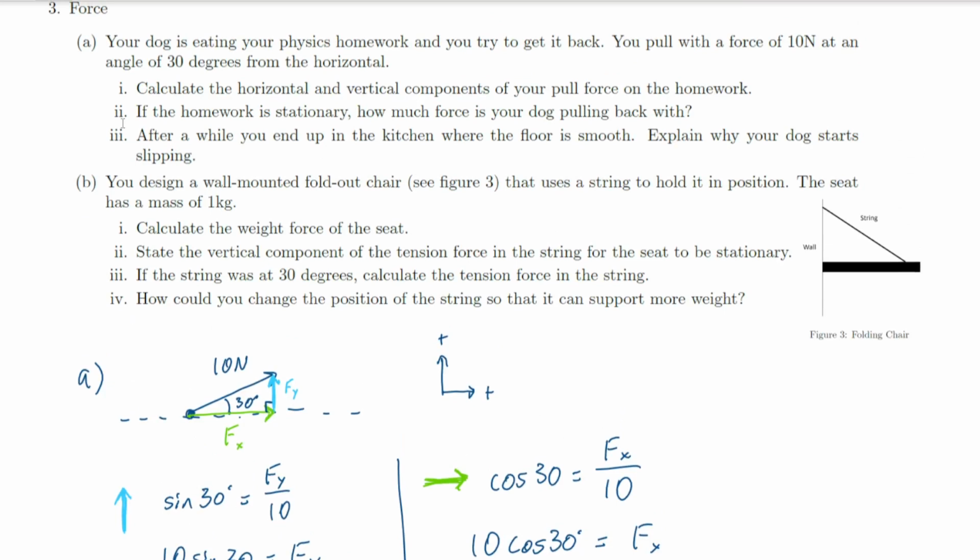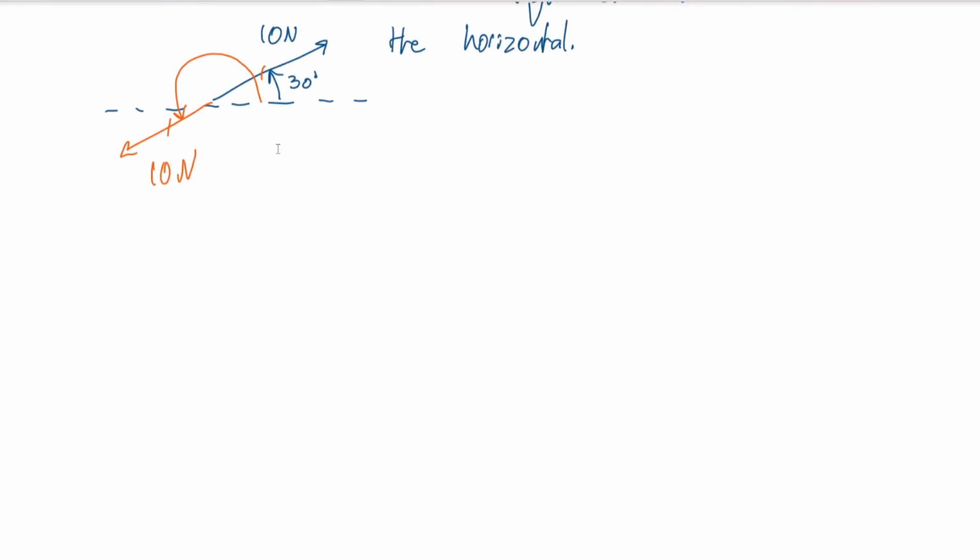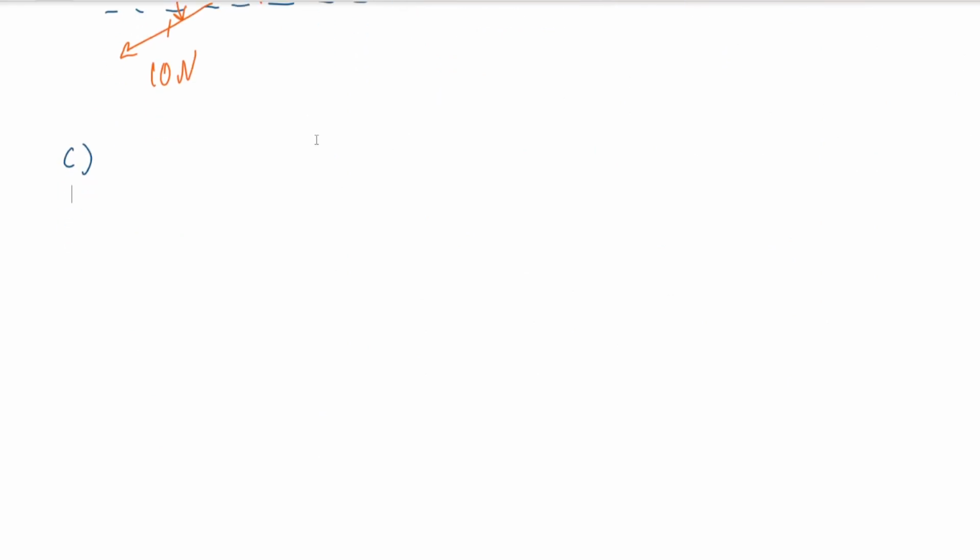Alright, and after a while of tug and war, you end up in the kitchen where the floor is smooth. Explain why your dog starts slipping. So, in order for the dog to slip, what needs to be happening?